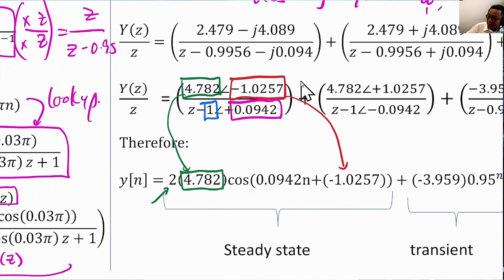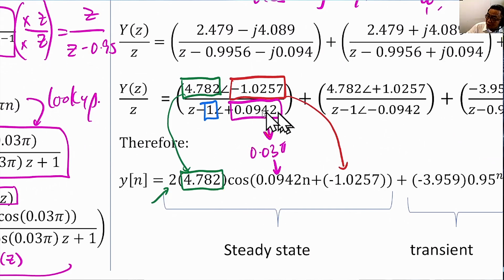So to not make a mistake, I always choose the positive real and positive imaginary pole position to look at these four values. So in summary, the amplitude is 4.782 multiplied by 2. The cosine is delayed by this value here, minus 1.0257.